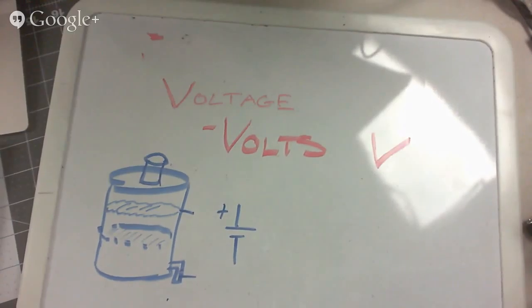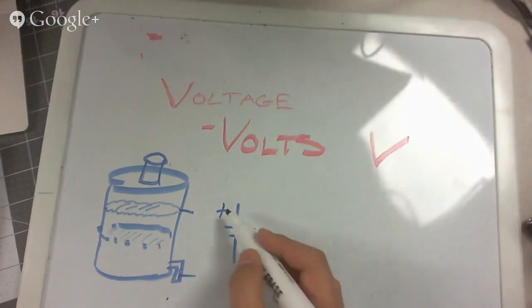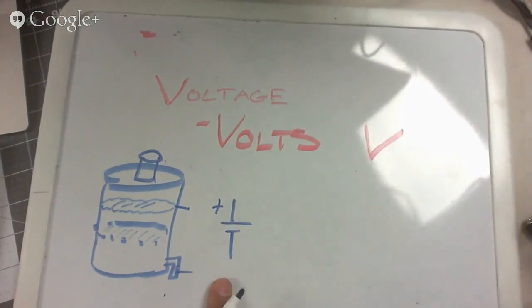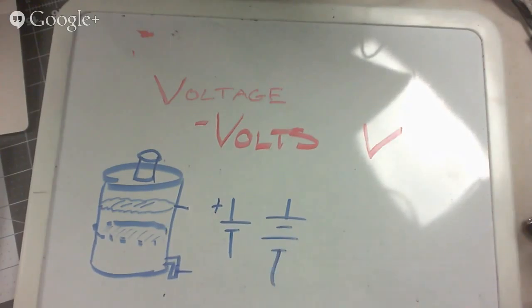I want to save a little bit for when I get into current, because there are some differences in terminology, but for now, do you know what the symbol for a battery is? If you see a multi-cell battery, it just means it's multiple batteries in series.